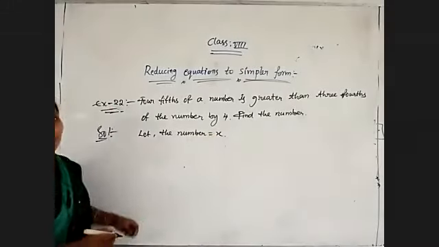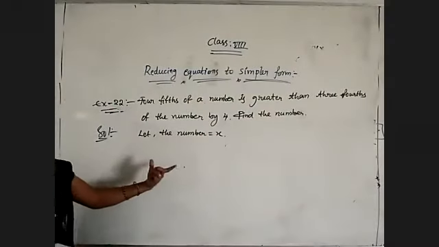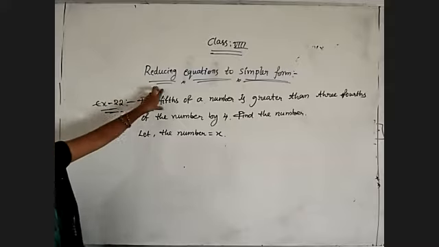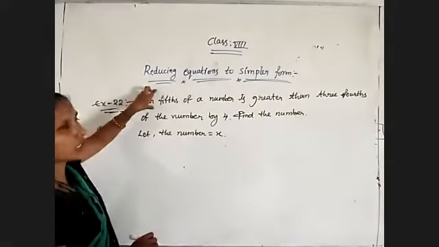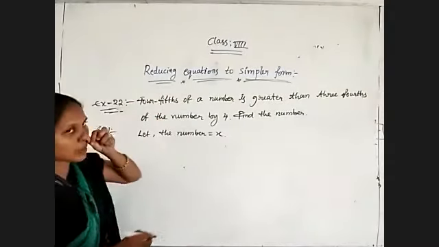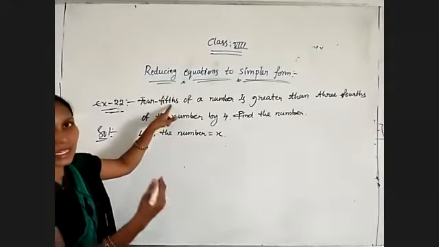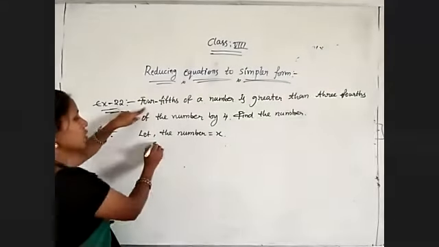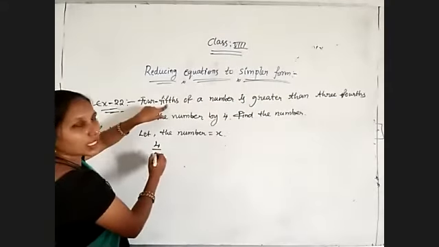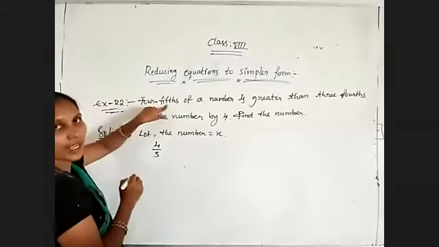Now what is given? Observe the statement and create the equation. 4/5 of a number. 4/5 is a fractional number, where 4 is in the numerator and 5 is in the denominator.